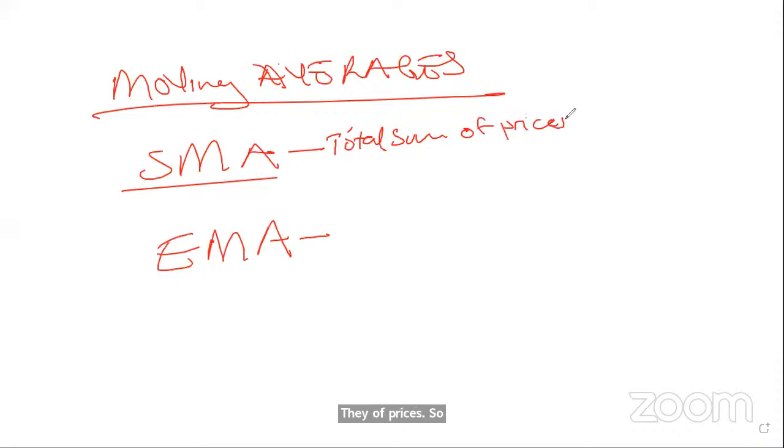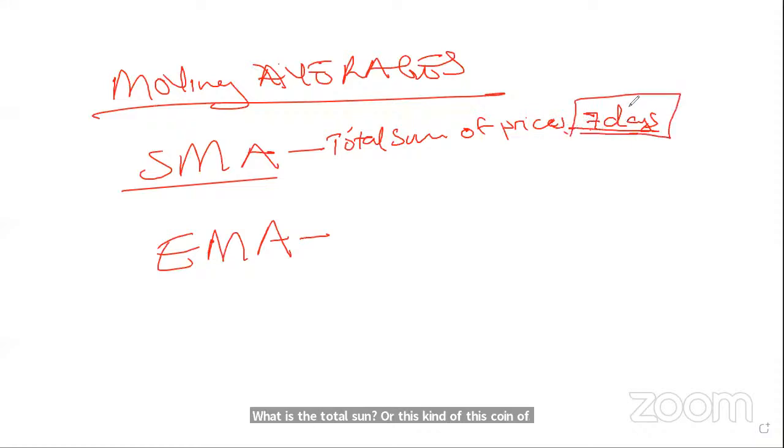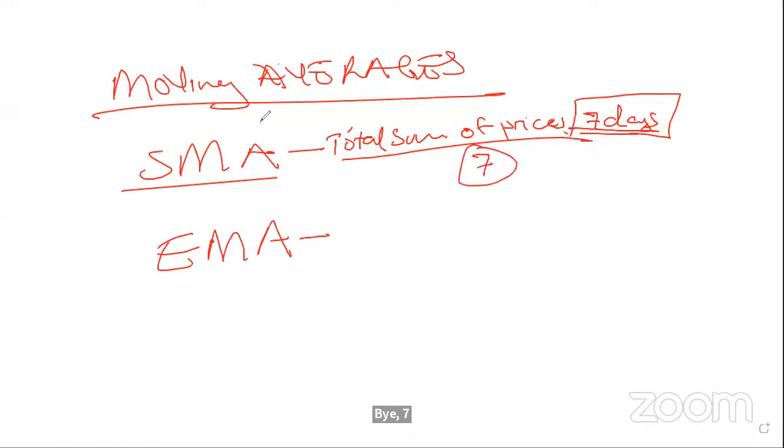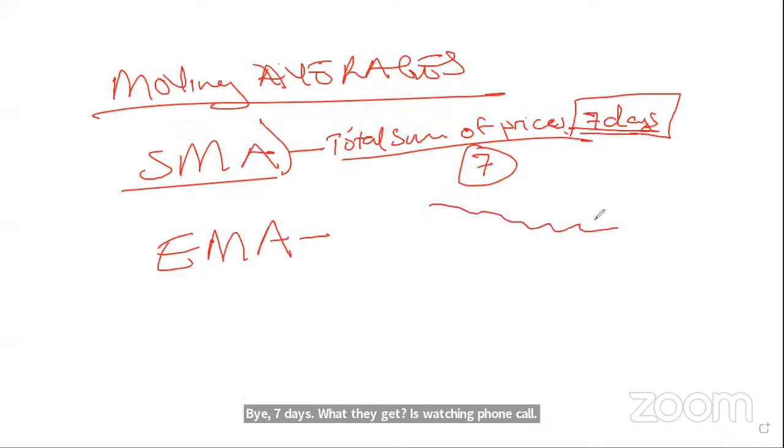So they look at prices, let me say, for 7 days. What is the total sum of this coin, of this candle, of this coin for the 7 days? And they divide this by 7 days. What they get is what we could call where this line will be moving at that price.